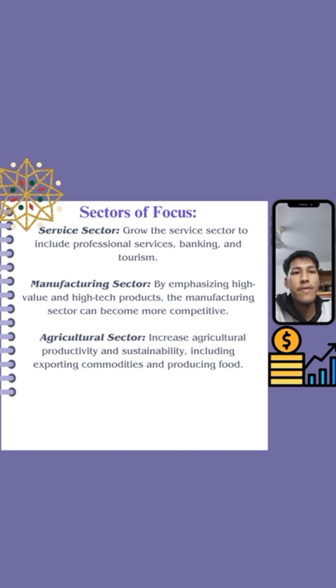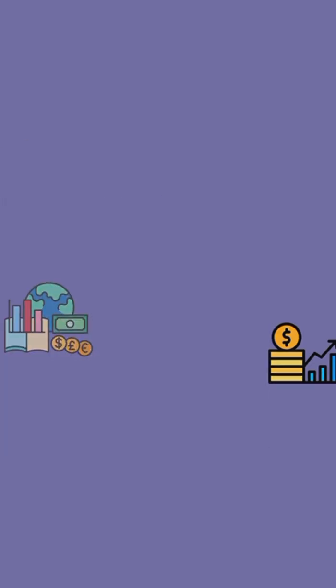Secondly, the manufacturing sector: by emphasizing high-value and high-tangible products, the manufacturing sector can become more competitive. Lastly, the agriculture sector: increase agriculture productivity and sustainability, including exporting commodities and producing food. That's all for sectors of focus.